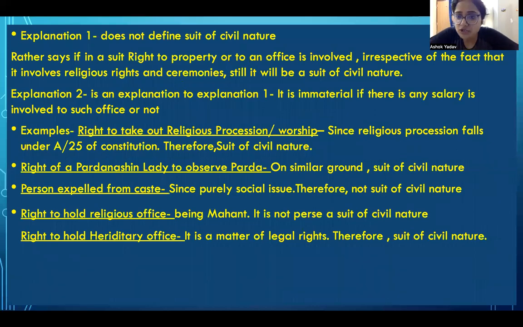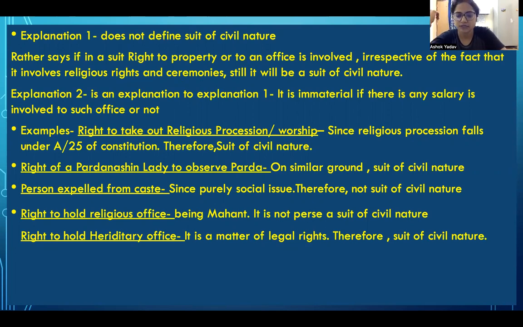So explanation 2 is an explanation to explanation 1. It is very much clear. It is further elaborating on explanation 1, and it is saying it is immaterial whether any salaries are involved in such office or not. It will still be a suit of civil nature.